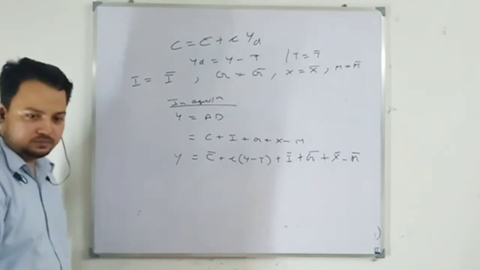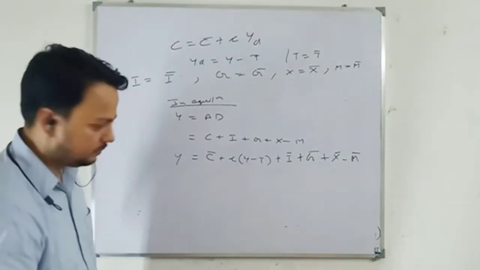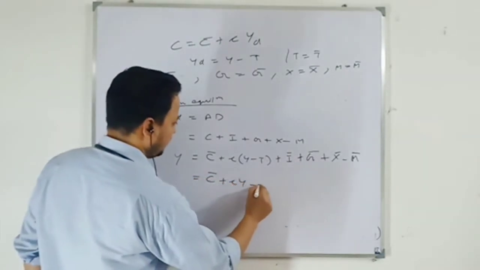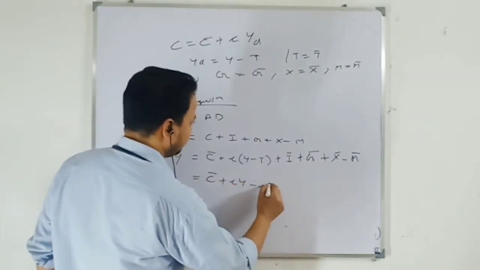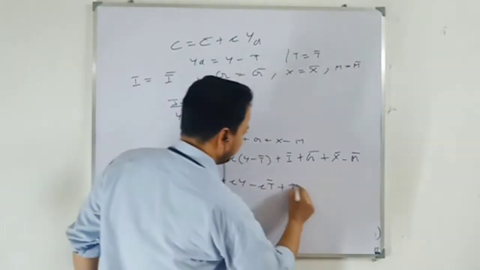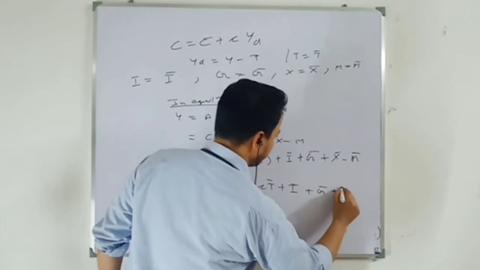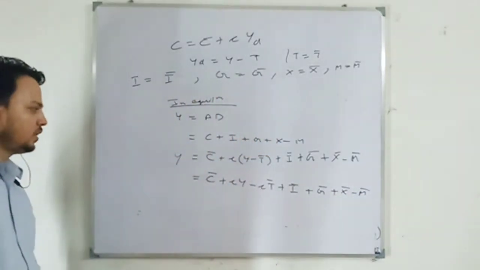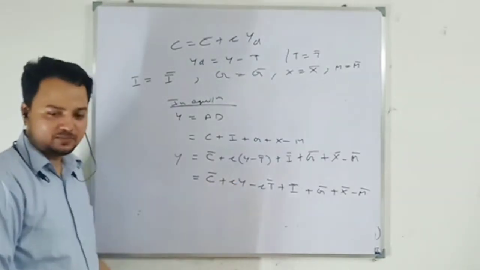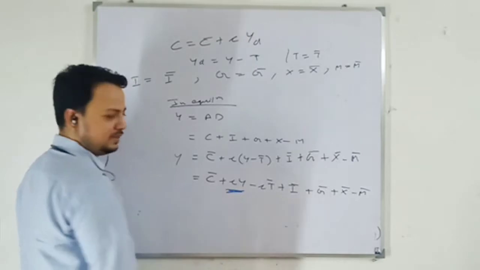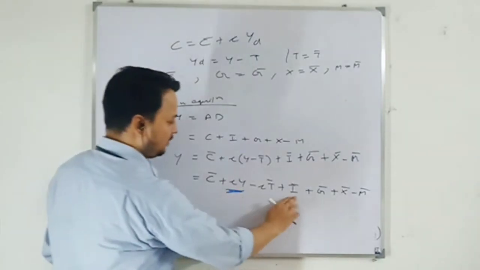Now open this part. This will be c bar plus small c y minus small c t, and t is t bar, so let me put it, plus I bar plus g bar plus x bar minus m bar. Look at the right hand side, the aggregate demand side. Only one term originates with income, no other term.